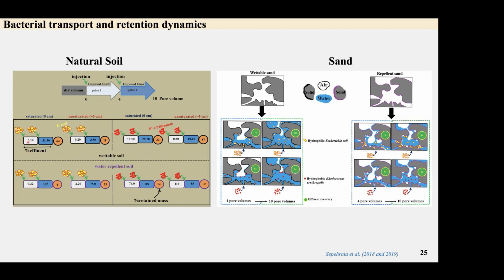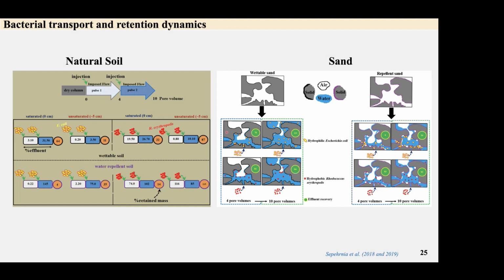So when soils are dry, they can retain a great portion of the bacteria that are injected. And Rhodococcus was actually transported higher than E. coli, 20% when the soil was dry, but for water repellent soil, in comparison to wettable soil, it was 74%. That was really high.